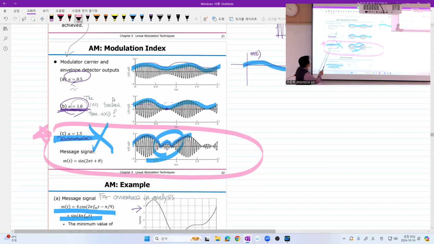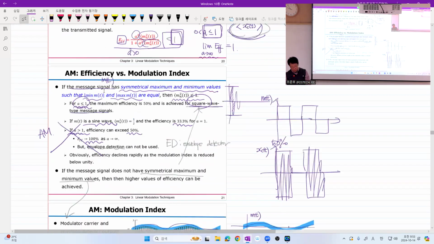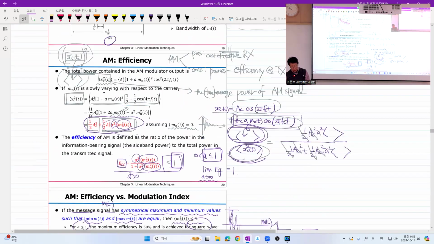If A is between 0 and 1, you can extract the envelope without distortion, which contains the message signal. But if A goes over 1, the unity, then you have something wrong, because this is the envelope of the signal. Ready? So never forget to have a proper modulation index.